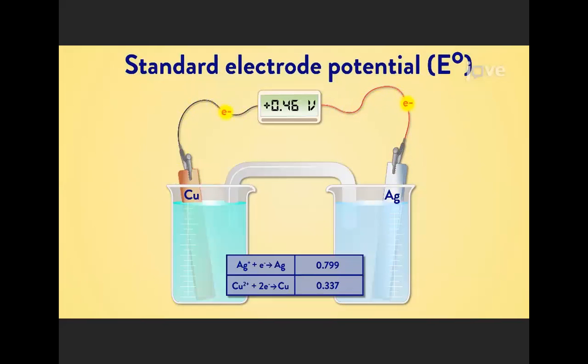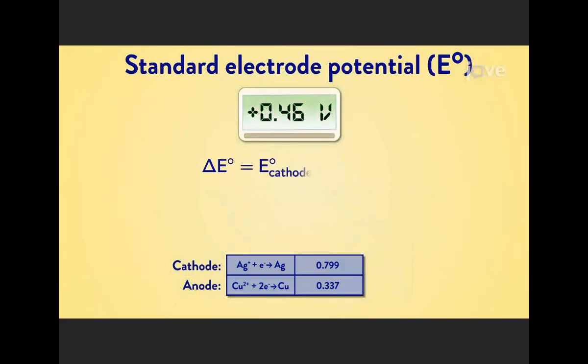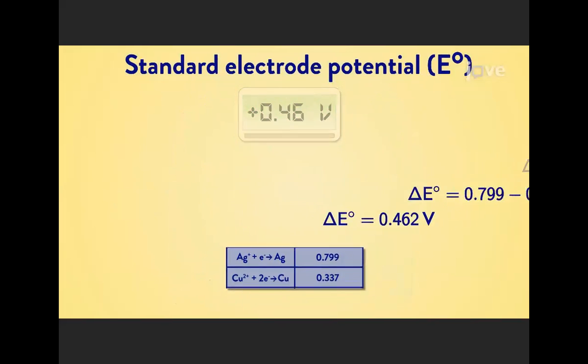In a galvanic cell, electrons flow from the anode to the cathode. Thus, the anode is the metal with the lower standard potential, and the cathode is the metal with the higher standard potential. As the electrons travel between the two electrodes, an electric potential is measured. The magnitude of the voltage produced is equal to the standard potential of the cathode minus the standard potential of the anode.